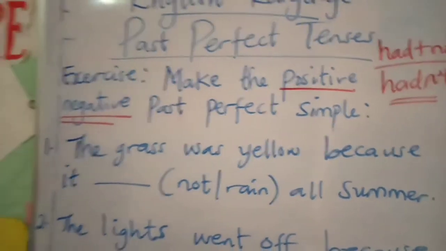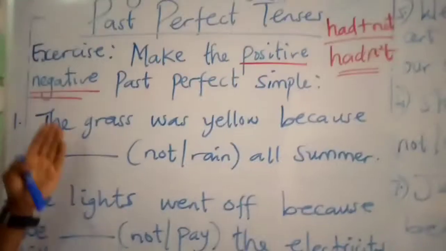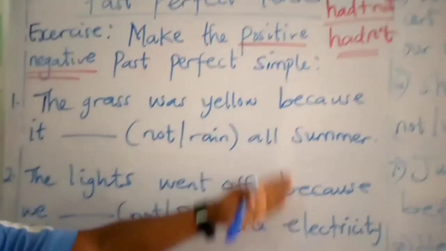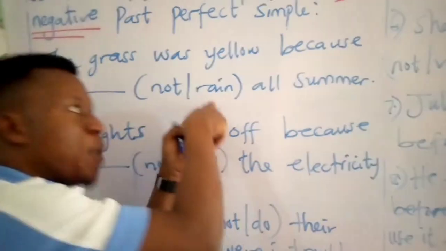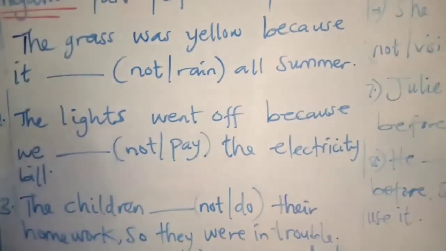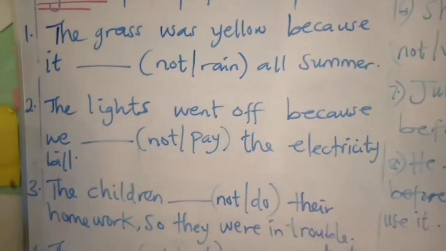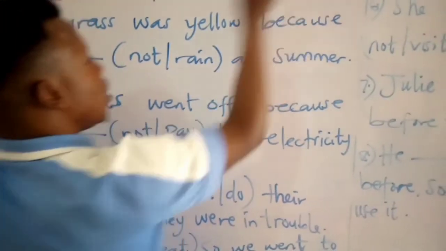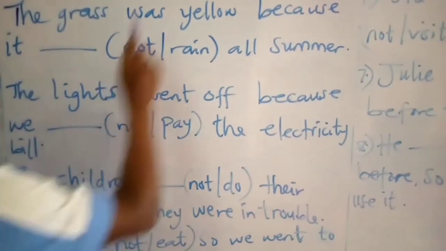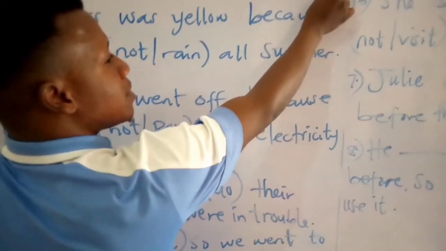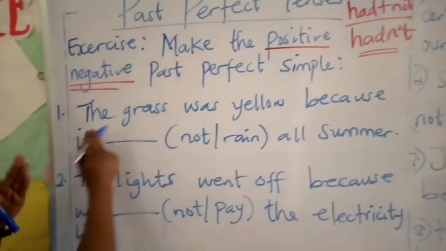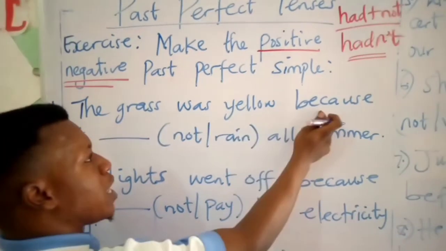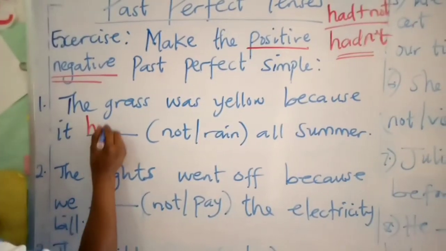Now, number 1, the grass was yellow because it dash not rain all summer. Had plus not gives us hadn't. So in the negative form, the grass was yellow because it hadn't.